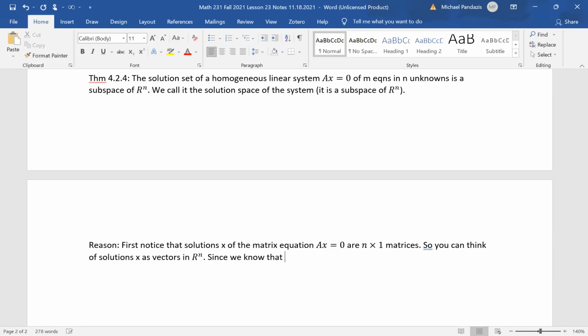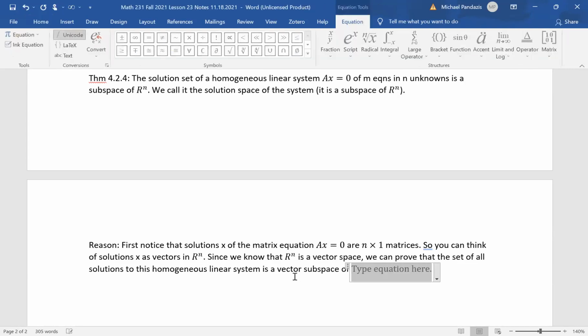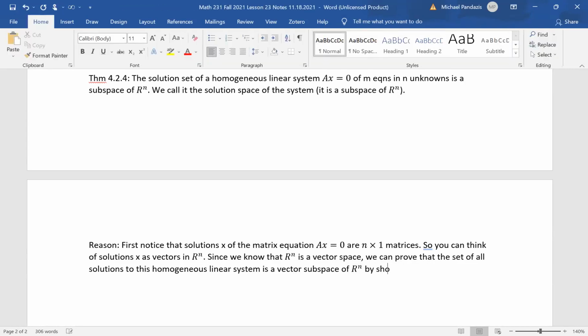Since we know that Rn is a vector space, we can prove that the set of all solutions to this homogeneous linear system is a vector subspace of Rn by showing it is closed under addition and scalar multiplication.